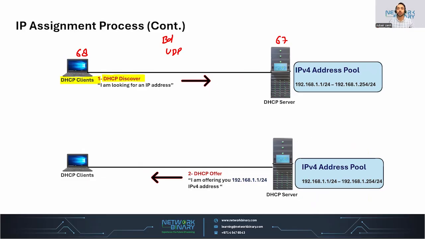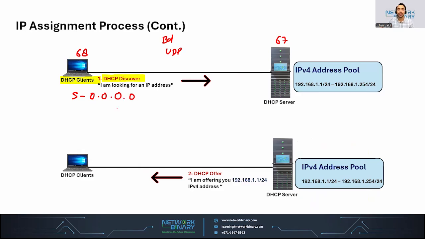What about at the network layer? What about at layer 2? Well, at the network layer, inside the IP packet, it uses the source IP address, but it does not have any IP address at the moment. So it uses the reserved IP address, which is 0.0.0.0.